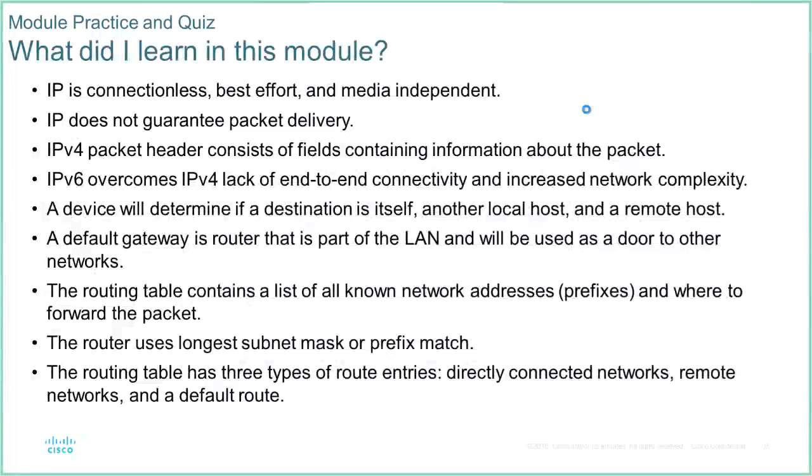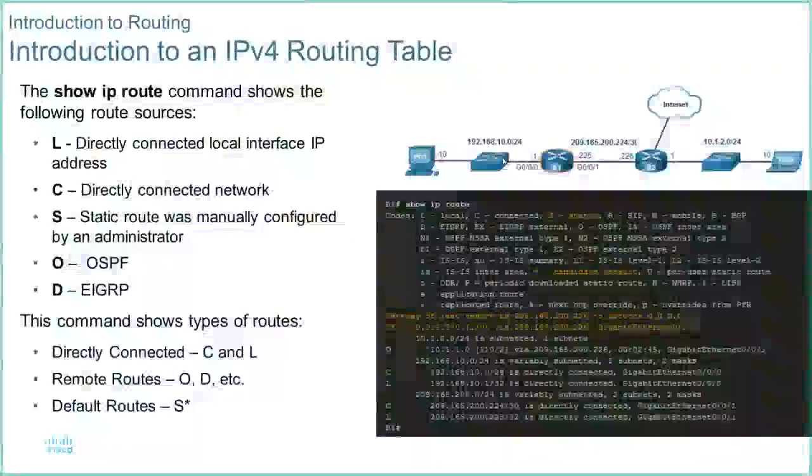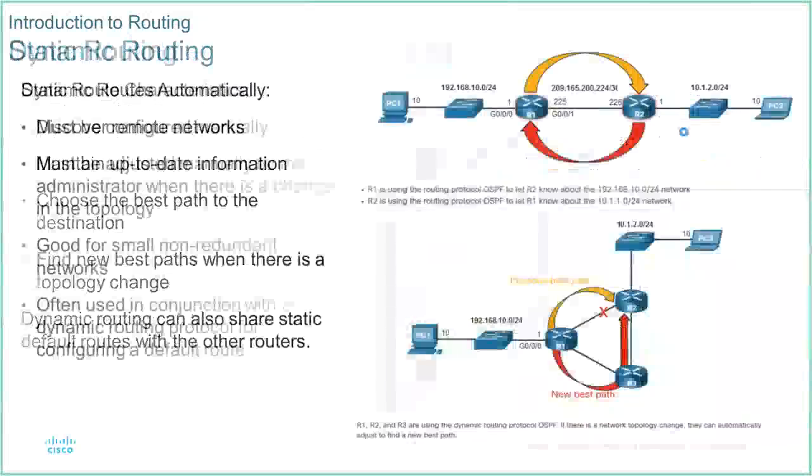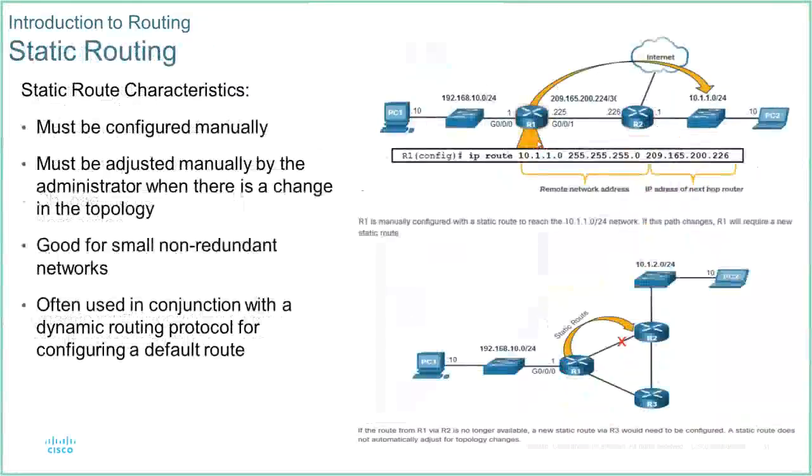Okay, if you wanted to, you could build this up. You know how to do an IP route command there, so you could put static routes in and build this topology and actually build it so that you can ping from PC1 to PC2.